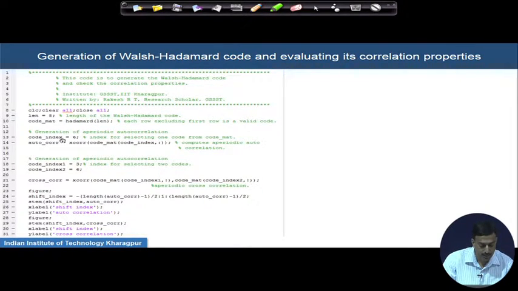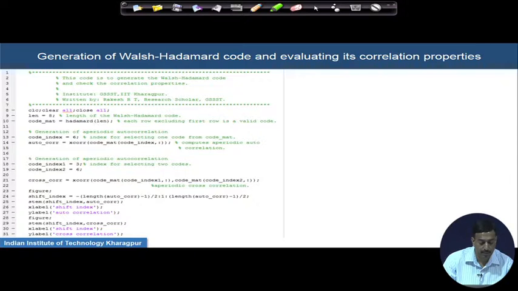So we assign a value, which is basically an integer, to a variable which we call code index. We can assign a specific value to this variable, and we are going to use it in order to select a certain row from this Hadamard matrix.